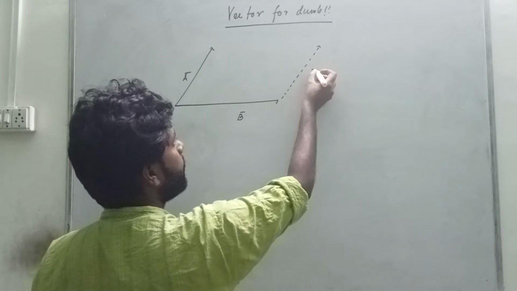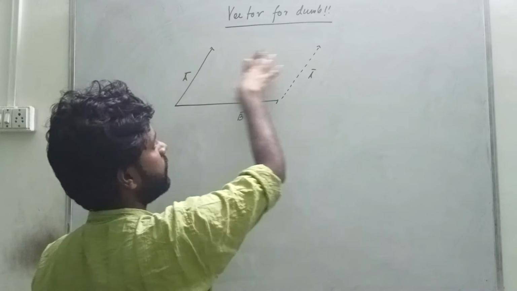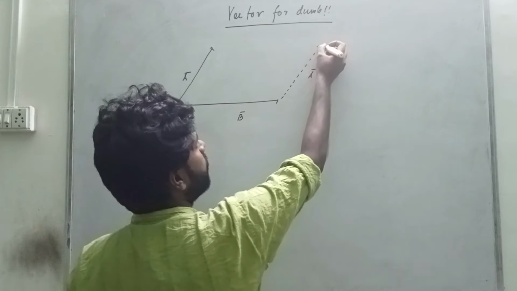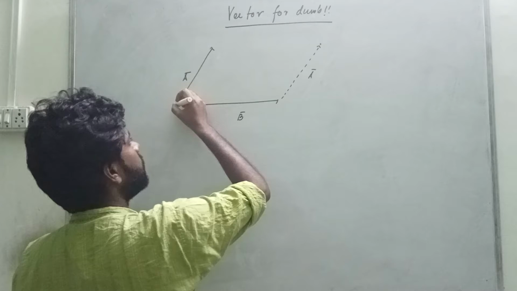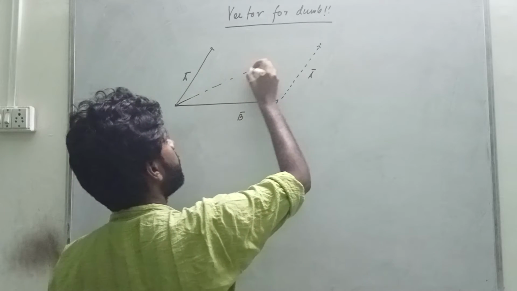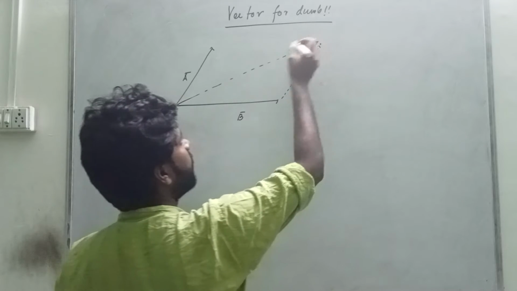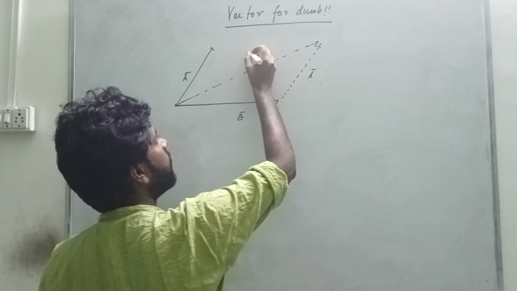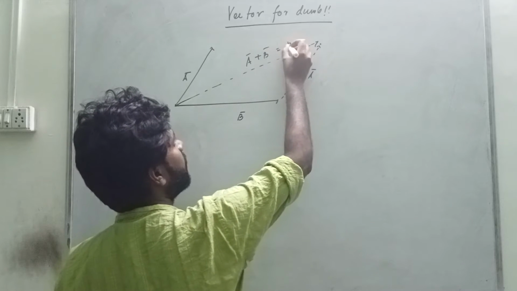Just a new a, the same. I just translate this from here to there, and what will be the a plus b actually? Just connect these two points with a straight line, and it is called our a plus b, right? Or just name it r.